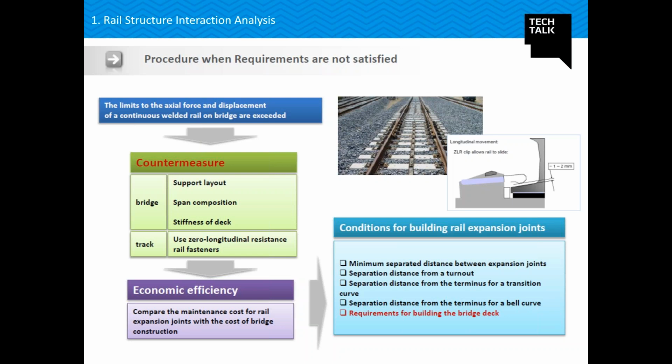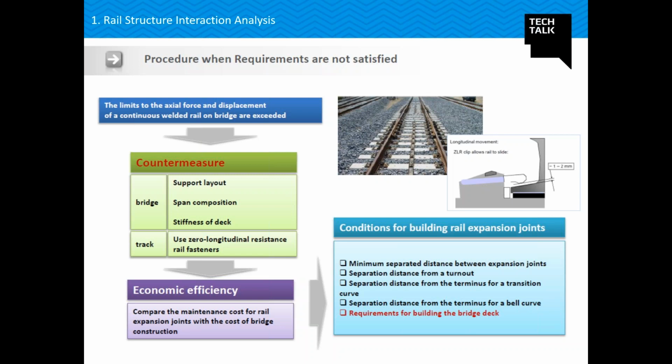Changing the stiffness of the deck changes the stresses very minutely. Basically, the more the stiffness of the deck, the less will be the bending of my deck, the less will be the bending of my rail, and the less will be the forces generated in my rail. So this is also one approach to reducing the stresses in my rail.